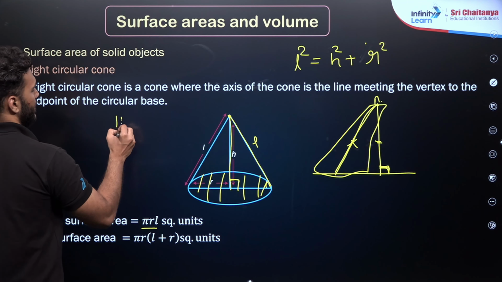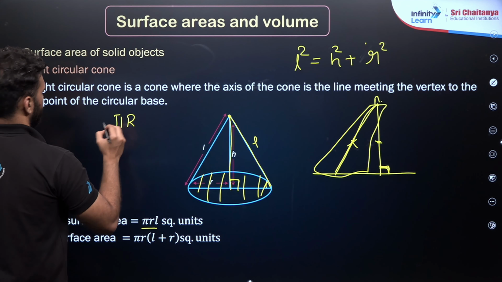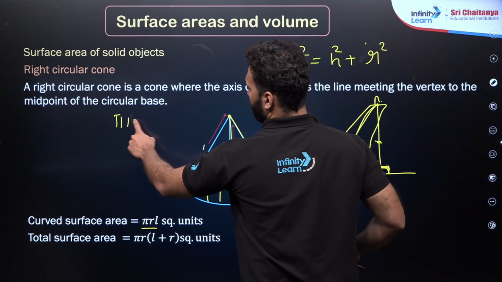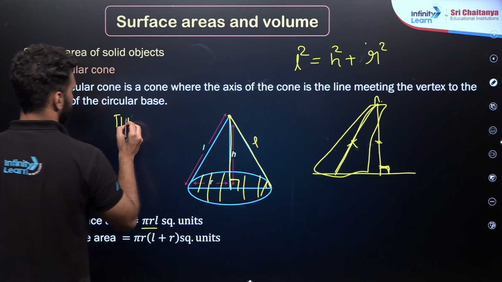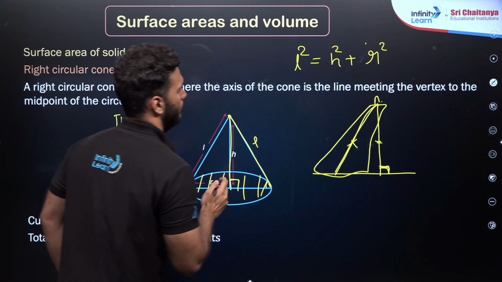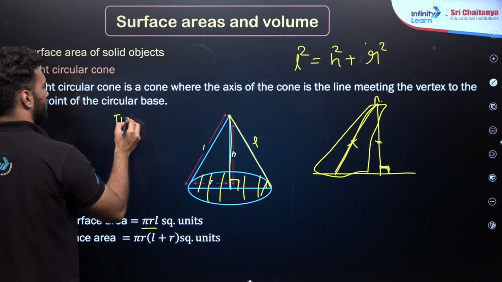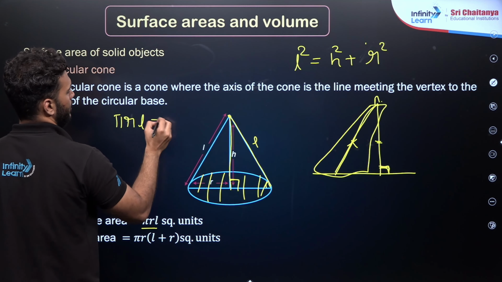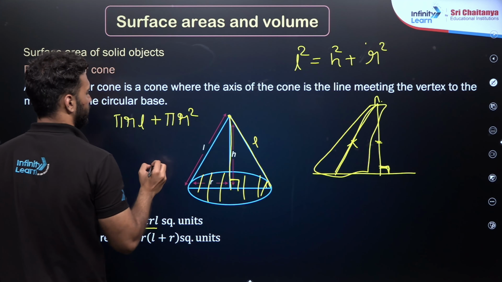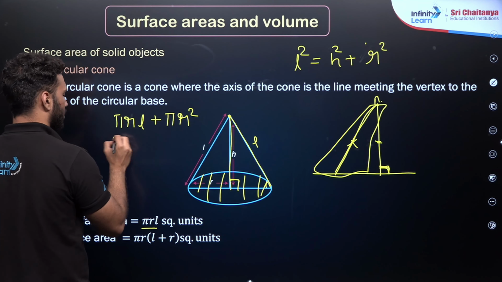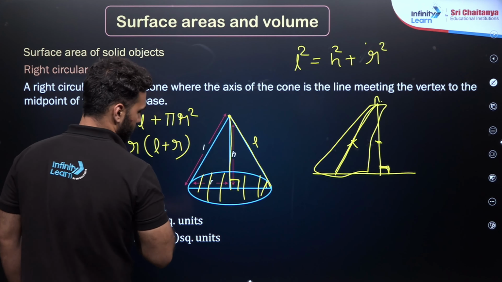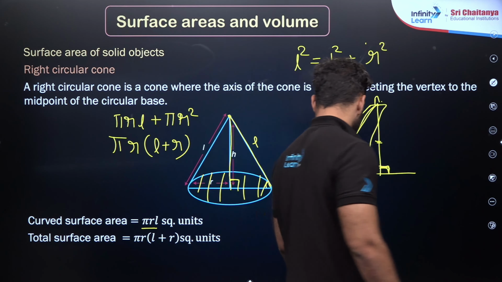So we have pi r l plus pi r square. Take pi r common, you will be left with l plus r. Okay, let's go for the next.